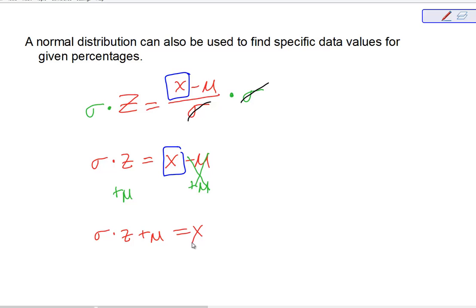And it gives me this formula that I can use. Now, most of your formulas, you have a formula chart, and this formula is usually written like this: z times standard deviation plus the mean. It's the exact same thing, and you use this in order to find the specific data values if you're given percentages, if you're given the area.